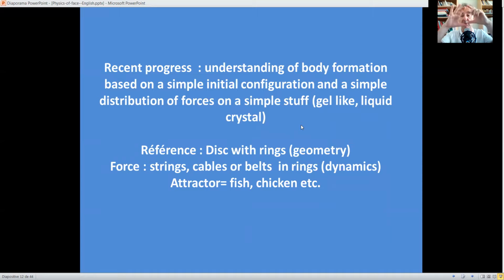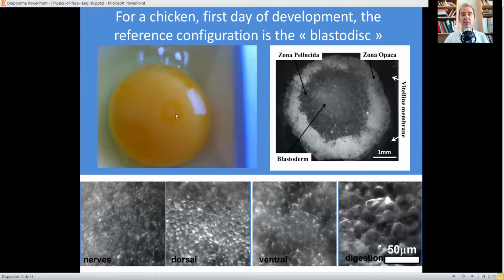And so if you have a disc of gel, which is pulled by rings of forces, the attractor is a fish, a chicken, or whatever, okay? So this is a chicken in the first day of development, and you see by eyeball that there are rings on the developing blastula. This is a blastula dissected off from a very early stage of chicken development, and you see that there is an external ring, there is an internal ring, and there is a more internal disc.